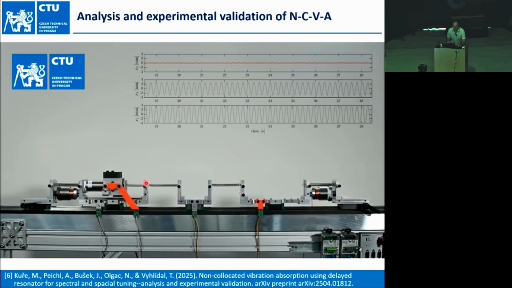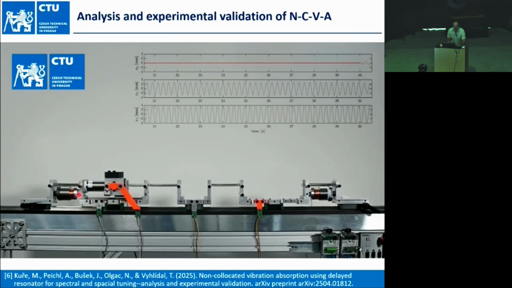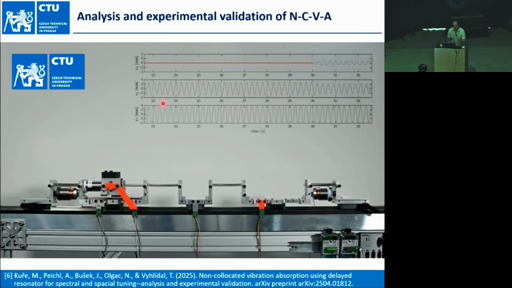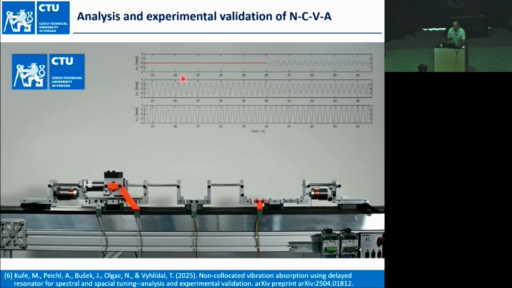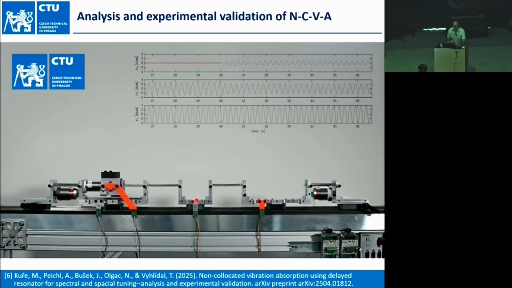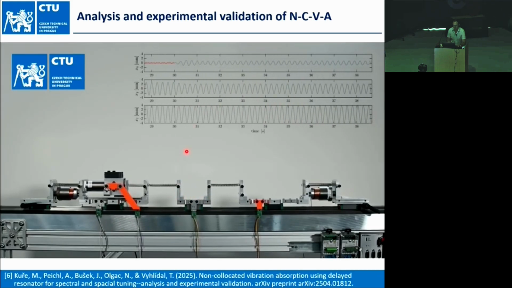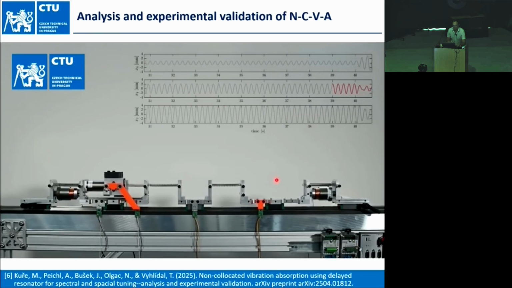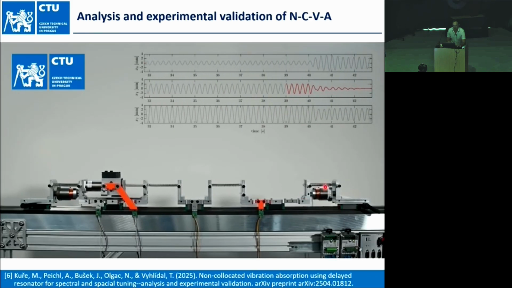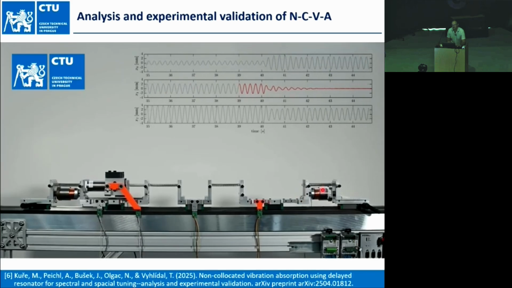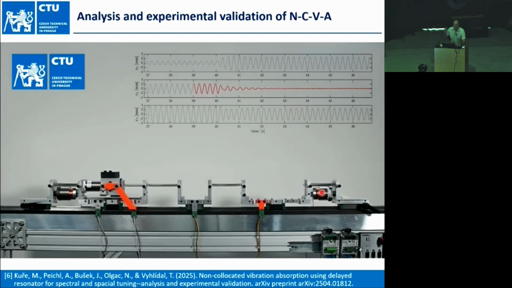Now we actually silence this card, which is showing this graph. Now we will move to this one, and the system is being excited by this voice coil from the right.